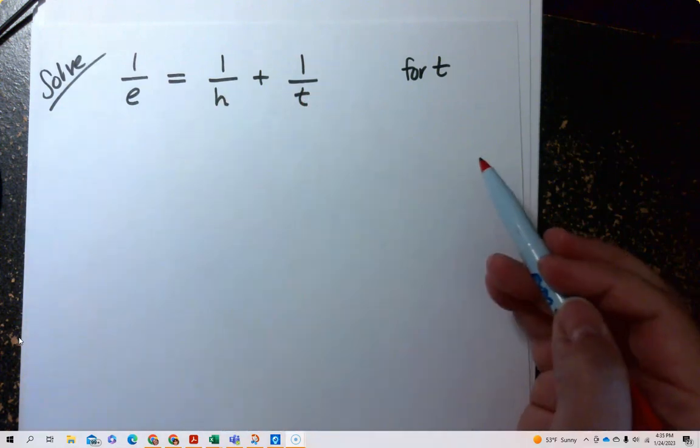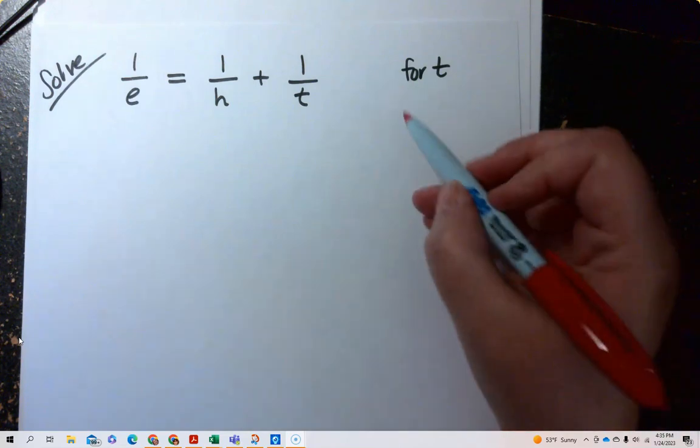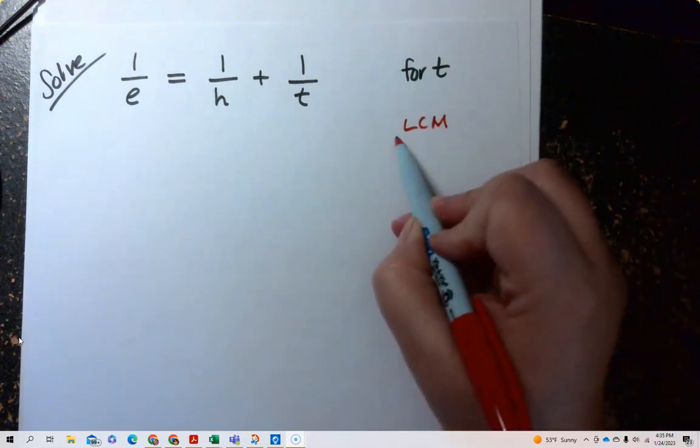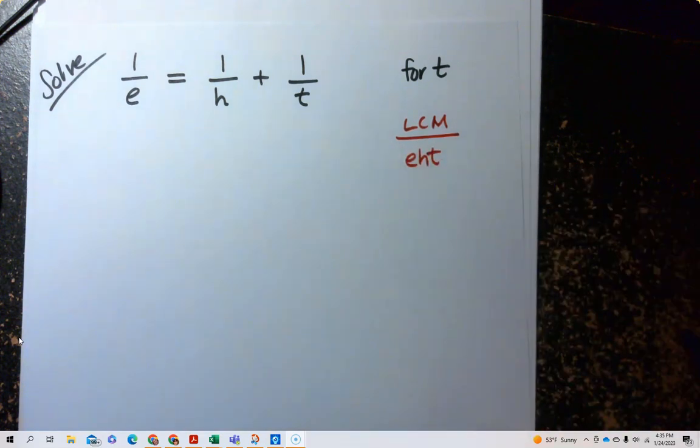Well, E, H, and T don't have anything in common. When that's the case, then your least common multiple is just the multiple of all of them. In other words, E times H times T. My least common multiple of E, H, and T is going to be EHT. Once you figure out what is the smallest multiple of each one that they all go into, the least common multiple, all the denominators go into, we're going to multiply by that in every numerator.